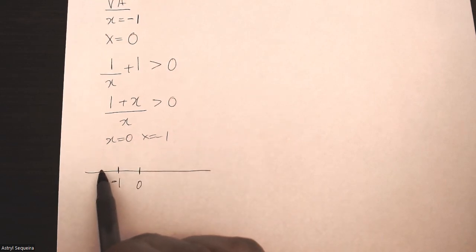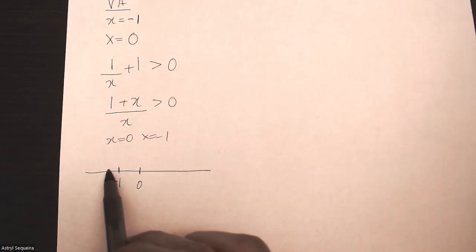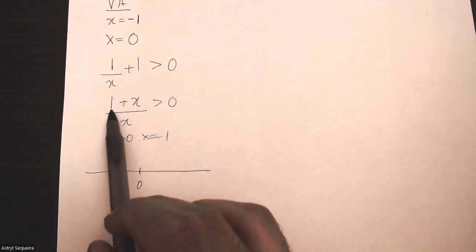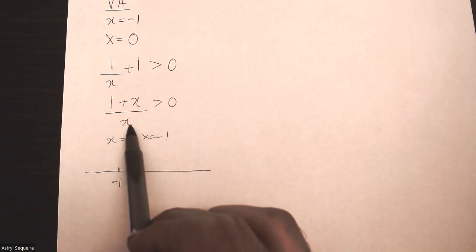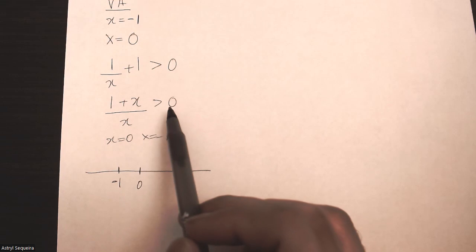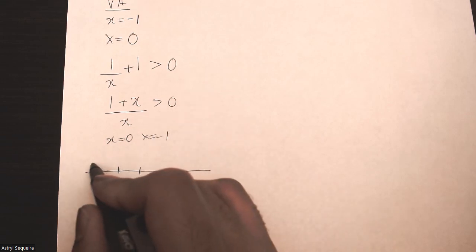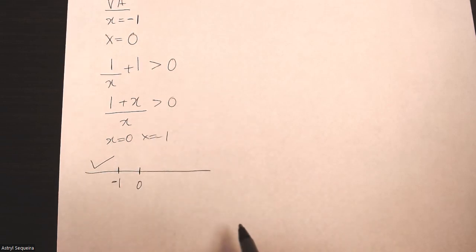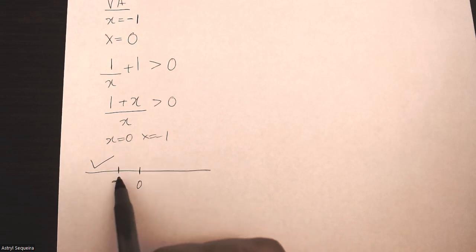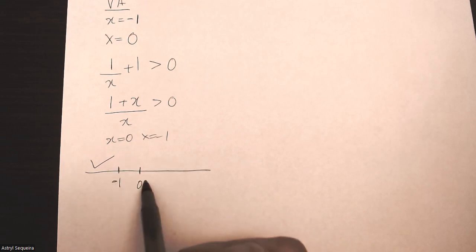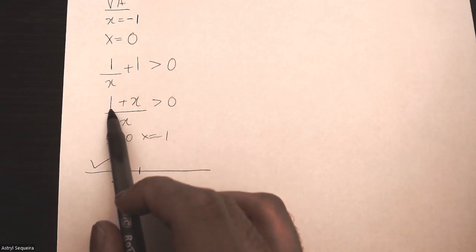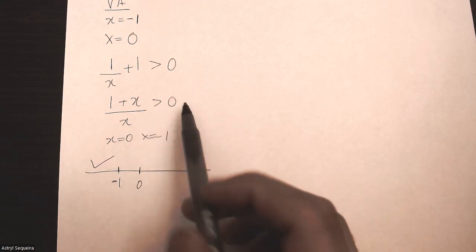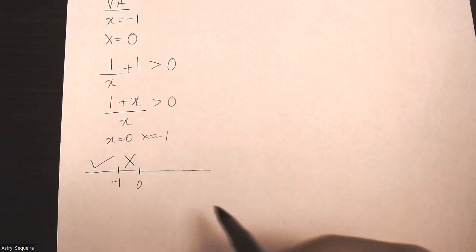So I'll start by picking a value less than -1. I'll pick -2. If I sub in -2 in this equation, I'll get -1 divided by -2, which is positive half. Positive half is greater than 0, which means this entire region of my domain is good. And then if I pick a value between these two, I'll pick -0.5. If I sub in -0.5 here, I'll get -1. -1 is not greater than 0, so this is no good.